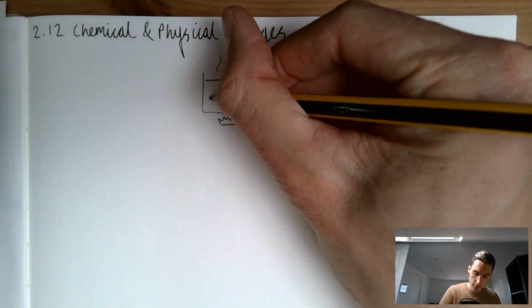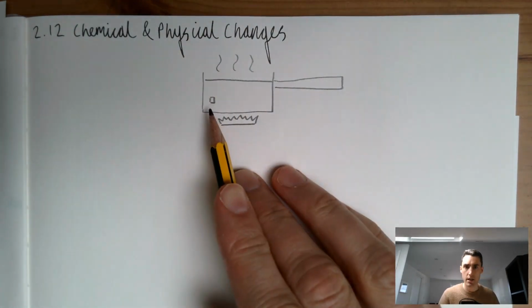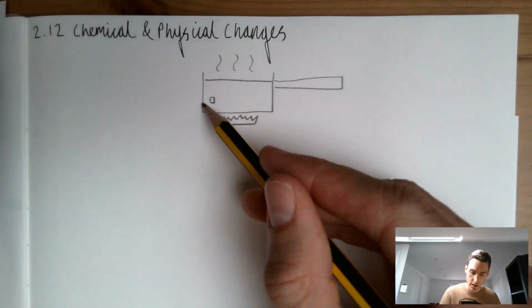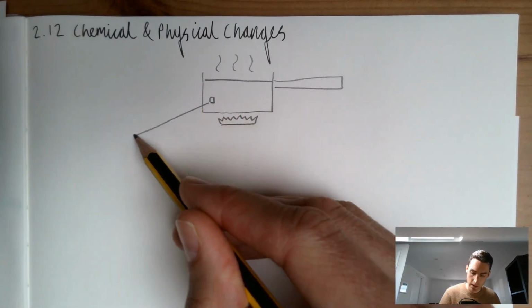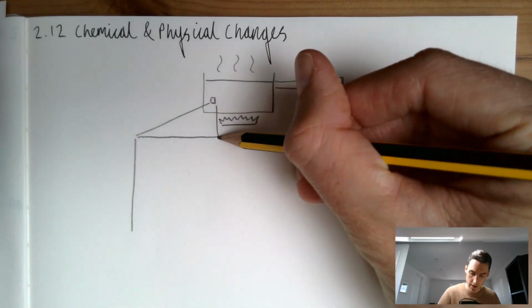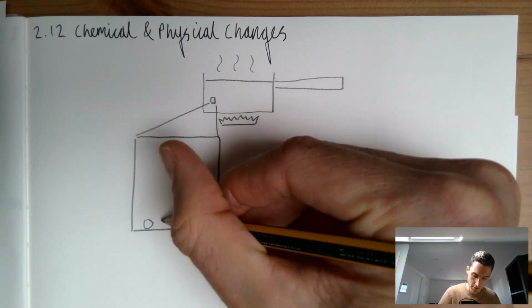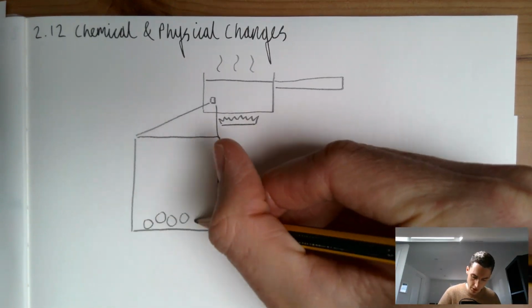Now what I think is helpful is to then just zoom in on the difference between the water and the steam and show what's happening as a physical change from one state to another. So let's sketch in here, and this is going to be our familiar old diagram, so I'm not going to spend ages on this.